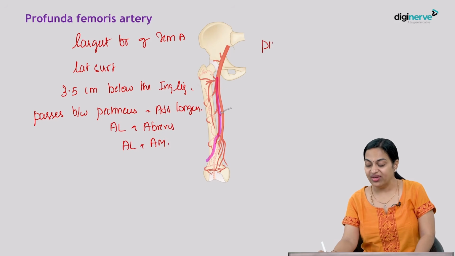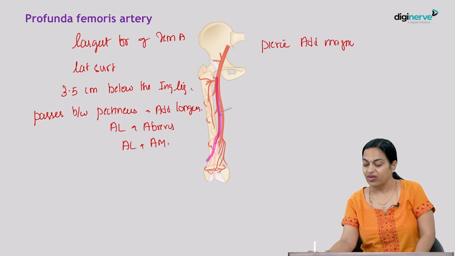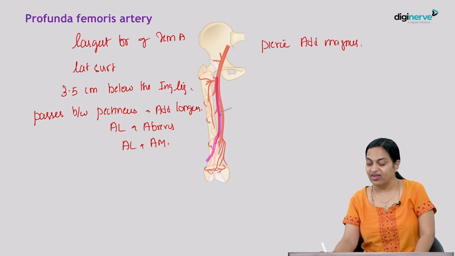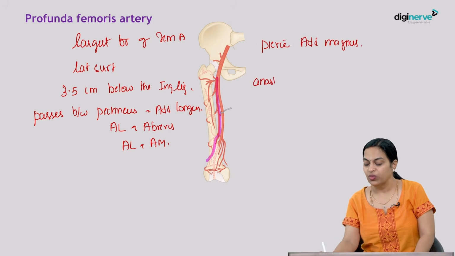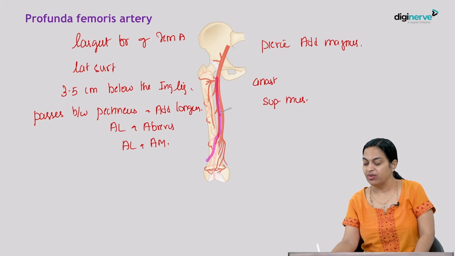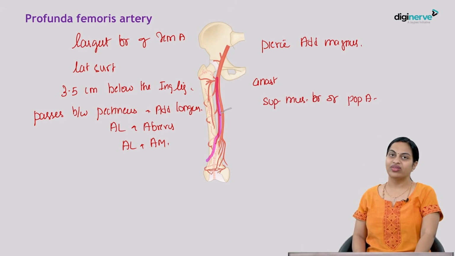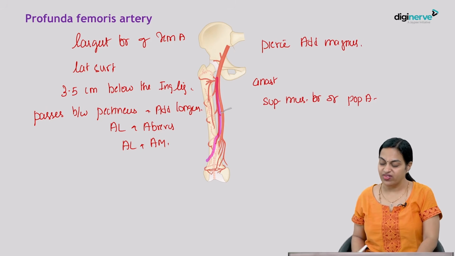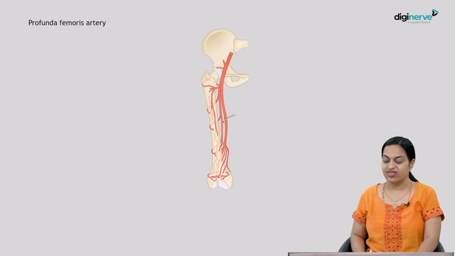Finally, it will pierce the adductor magnus, okay, and then it will end by anastomosing with the superior muscular branch of popliteal artery. So that completes the story of profunda femoris, but let us have a look into its branches.